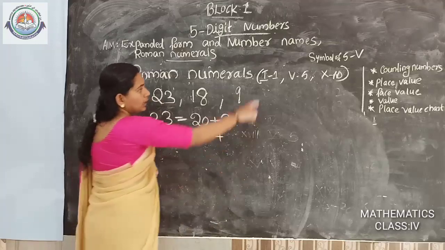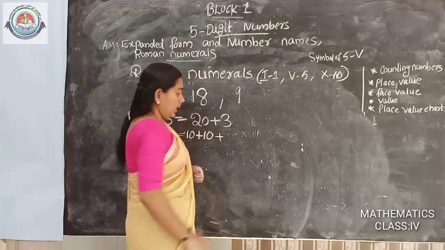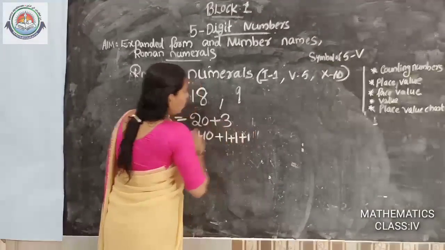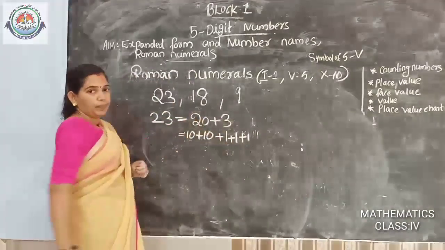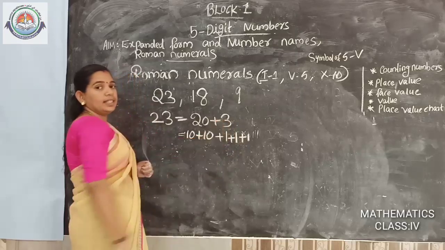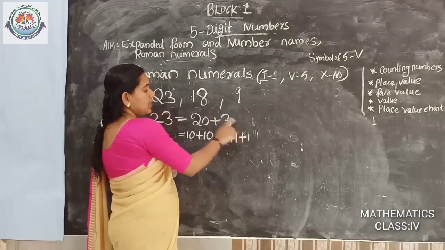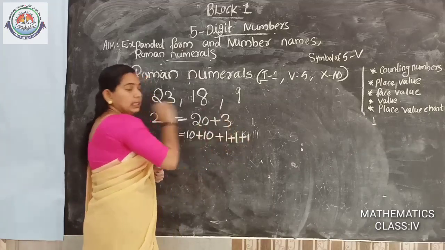Plus 1. 3 ones is 3. Add 3 ones, we will get 3. 10 plus 10, 20. 1 plus 1 plus 1, 3.